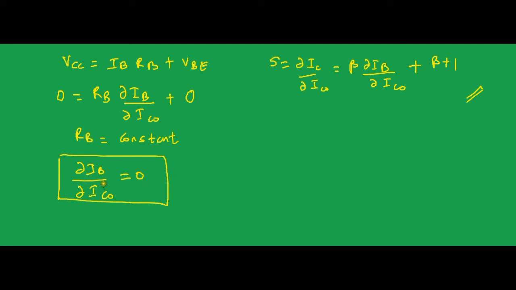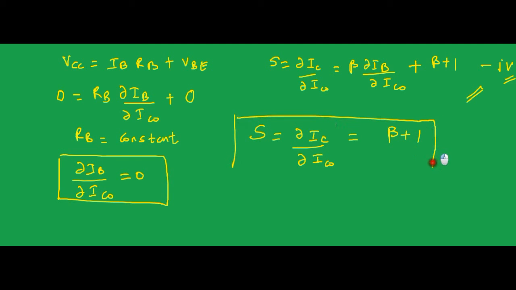Substituting this value in equation 4, we get the stability factor S, that is delta IC upon delta ICO, is equal to beta plus 1, because this factor is 0.